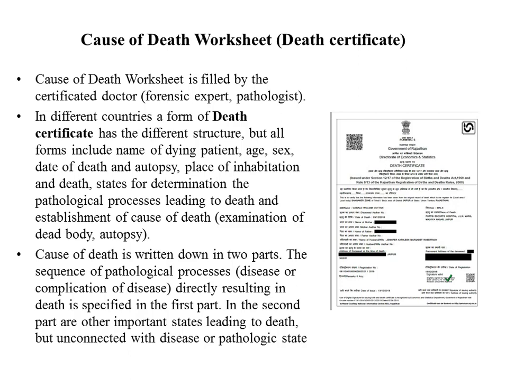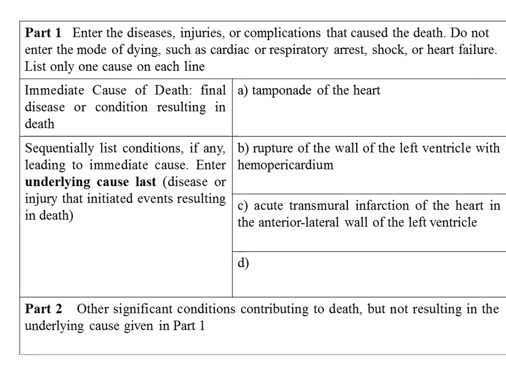Cause of death is written down in two parts. The sequence of pathological processes, diseases or complications directly resulting in death is specified in the first part. In the second part are other important states contributing to death, but unconnected with the disease or pathological state. Here you can see the scheme of the death certificate formation.